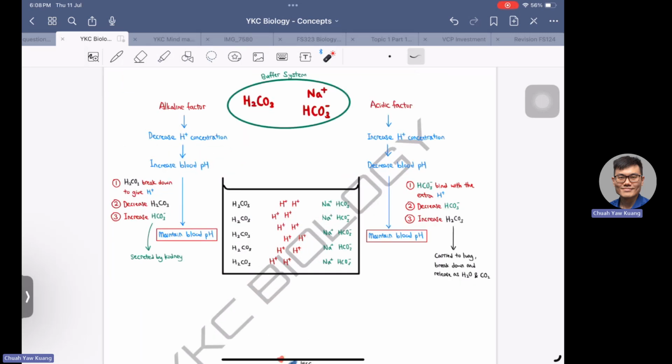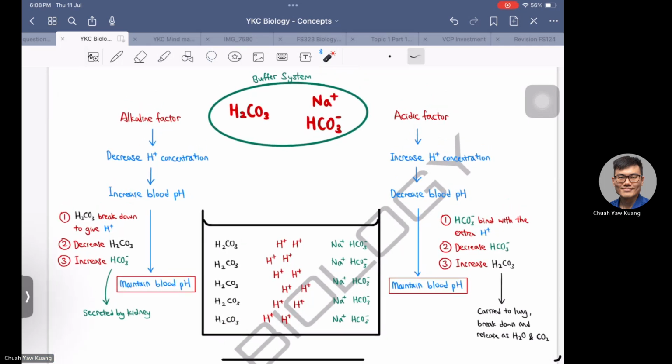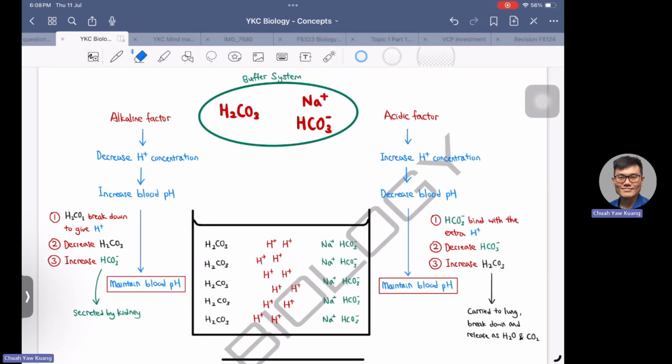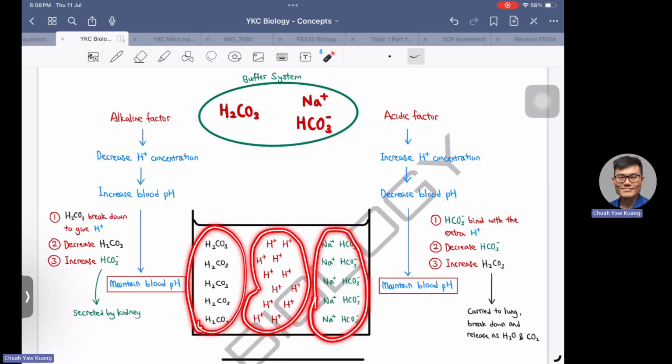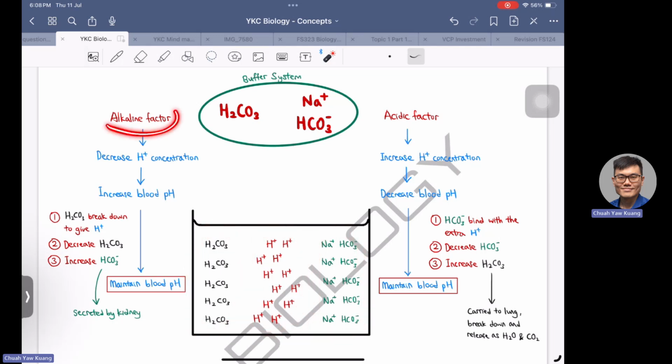So now we zoom in. Originally, it should have this much of the hydrogen ion, this much of the carbonic acid, and this much of the bicarbonate ion in our blood. Now, due to the presence of the alkaline factor, it has decreased our hydrogen ion concentration.